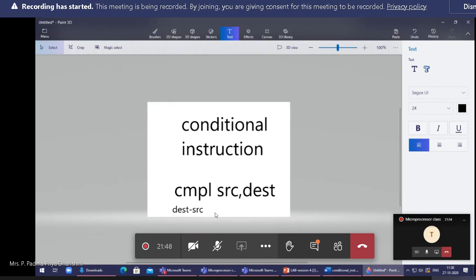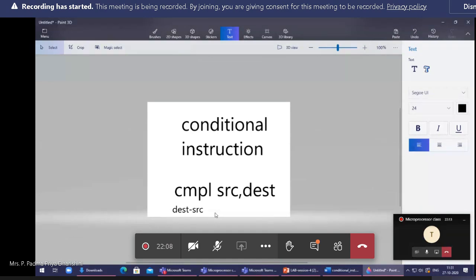Okay, no problem. See, generally how do we write it? Destination equals destination minus source. After the computation, our destination will be updated, correct? That is the meaning for all the arithmetic and logical operations.